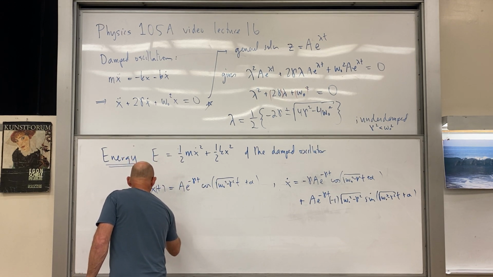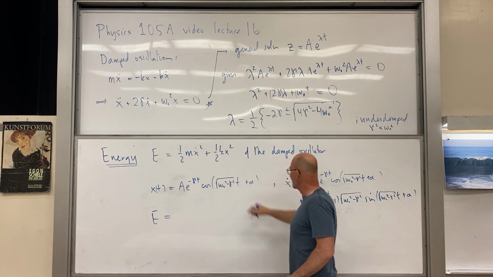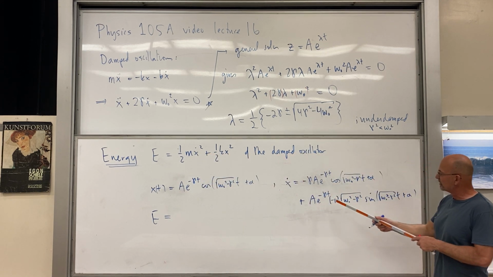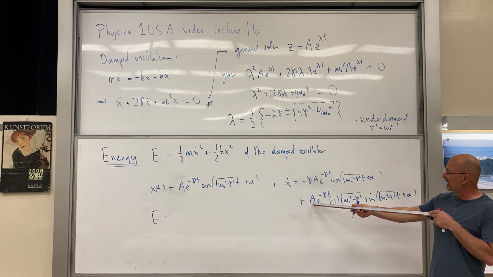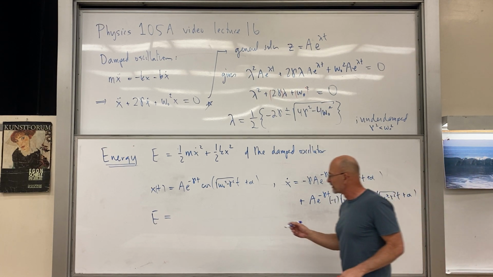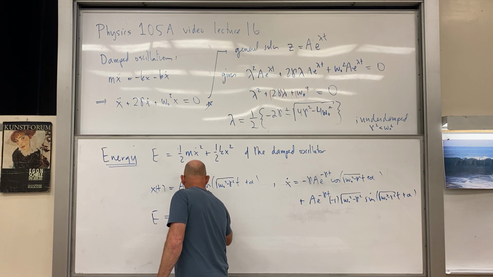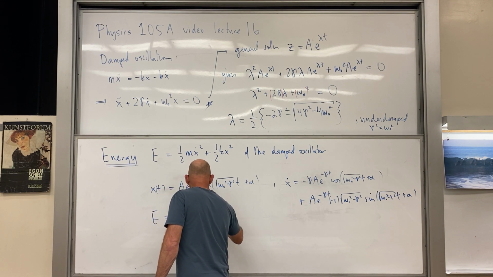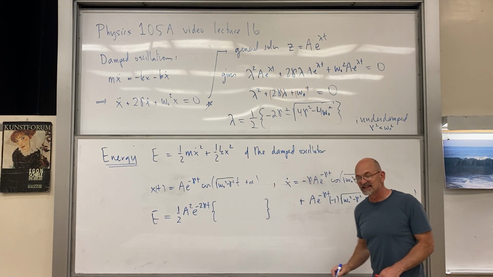Energy is going to be 1/2 m x dot squared plus 1/2 k x squared. It's always going to have 1/2 that we're going to multiply by, and then a squared e to the minus 2 gamma t. So we definitely have 1/2 a squared e to the minus 2 gamma t times a bunch of oscillating stuff, okay?